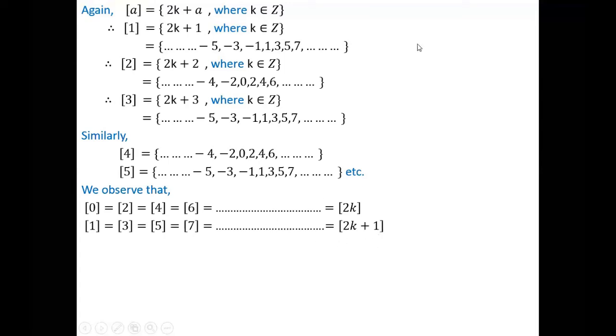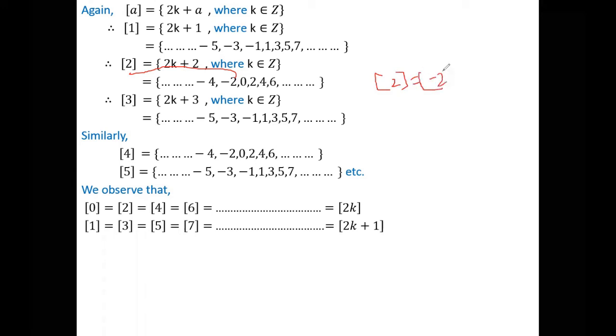Now look here once. You see, whenever you have minus 2 in the equivalence class of the element 2, from here we can conclude that [2] is equal to [minus 2].